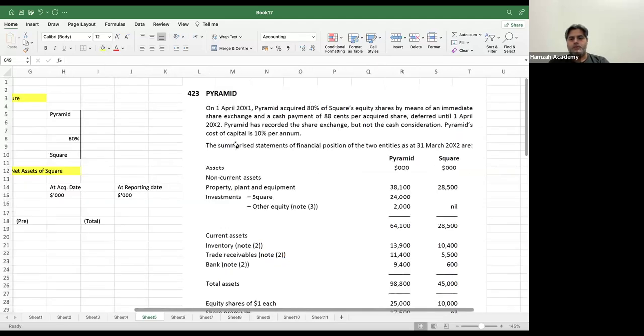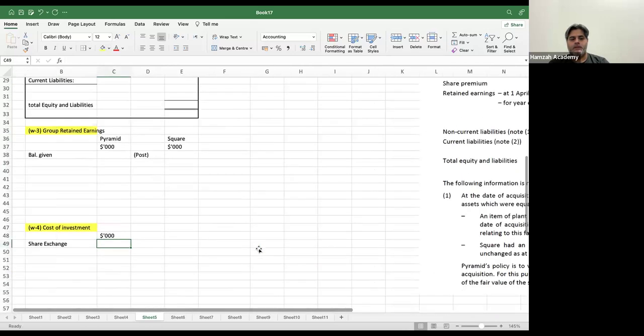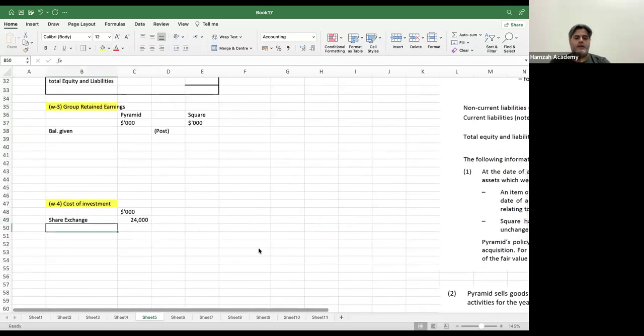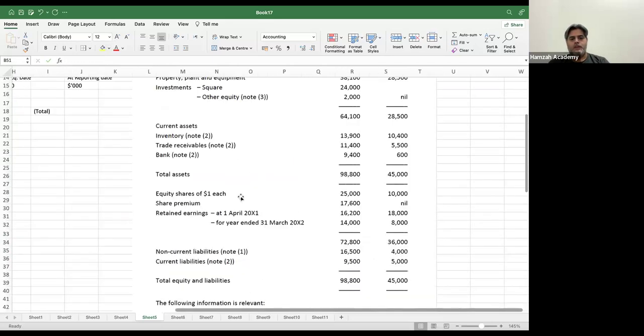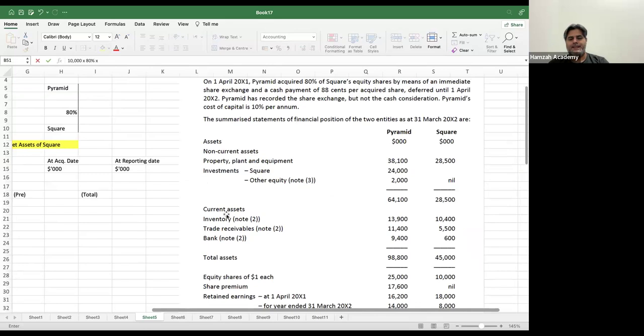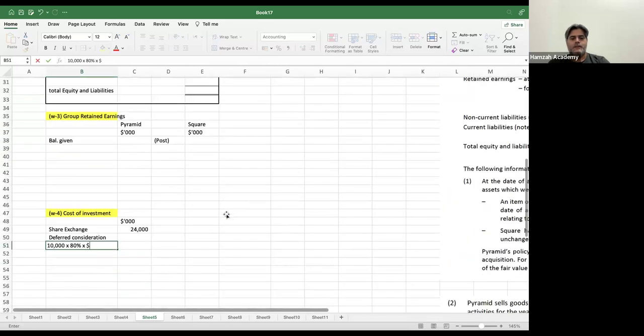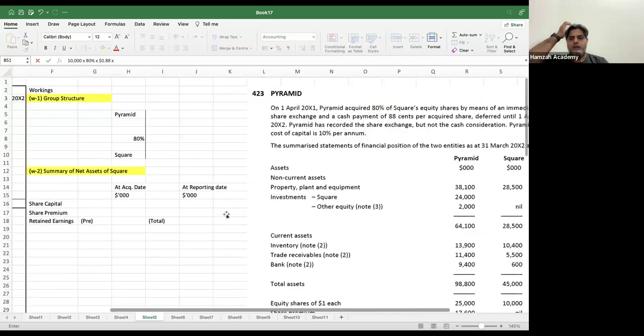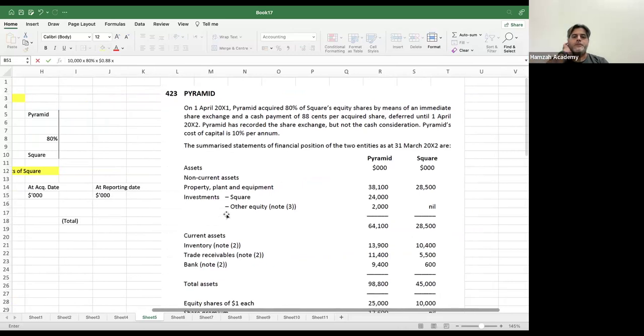That's going to be 24 million. Then I have this consideration. Equity, 10,000. I have acquired 80%. I'm supposed to pay 88 cents, paying it on 1st April 2022.